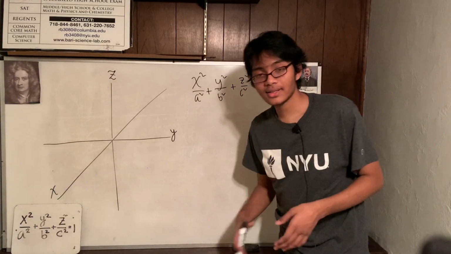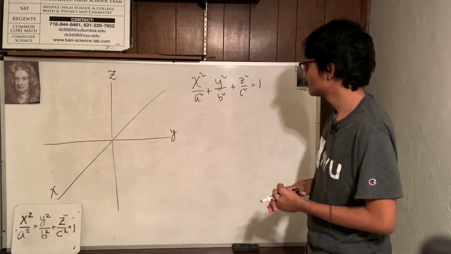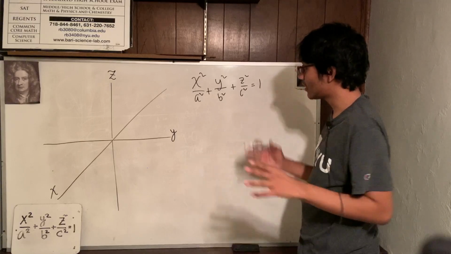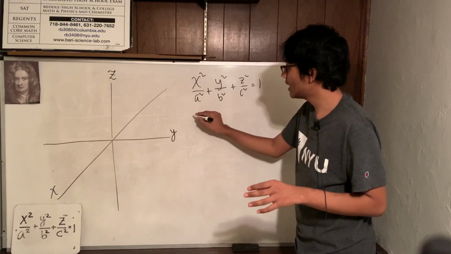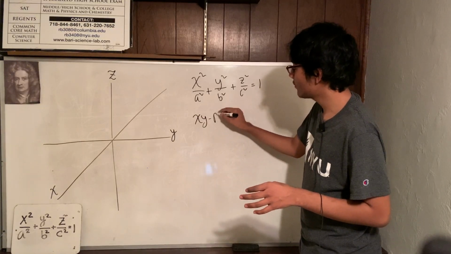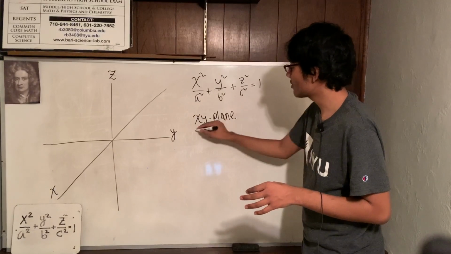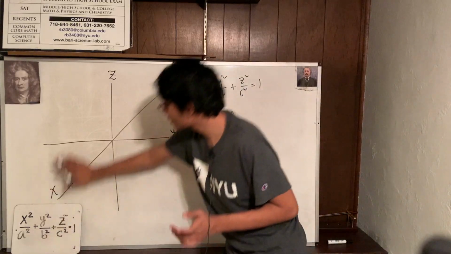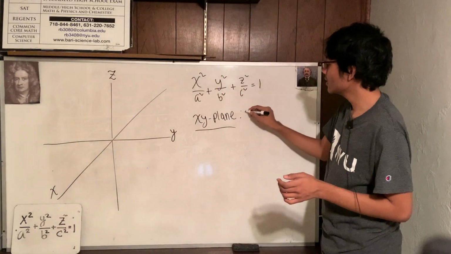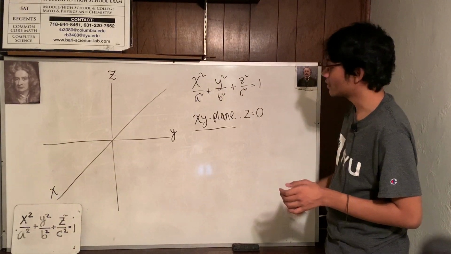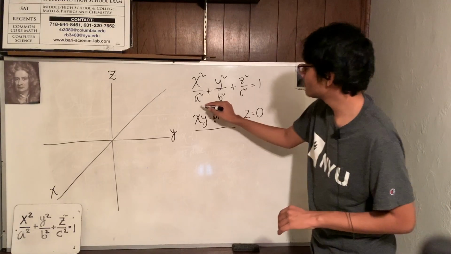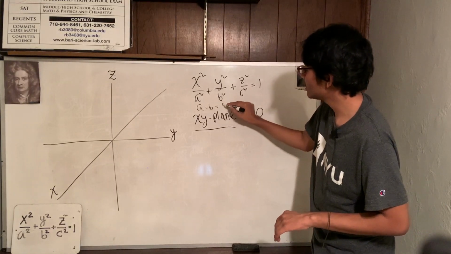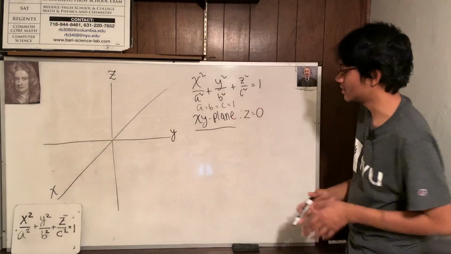Okay, so let's go ahead and take some cross sections. First thing I want to do is find how this thing looks on the xy plane. So if I want to see how something looks on the xy plane, I'm going to slice it on this xy plane. How do I do that? Well, I'm going to fix z to be 0. Alright, and I'm going to assume, by the way, that a, b, and c are all 1, just to make our conversation easier.